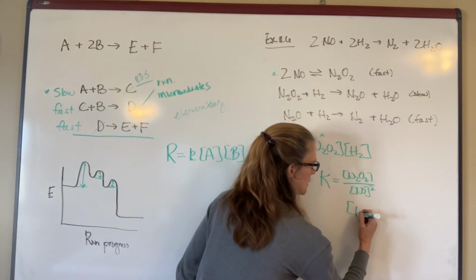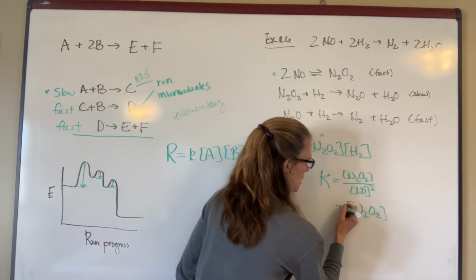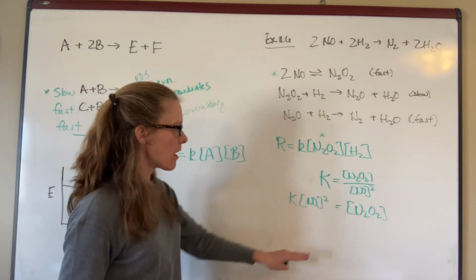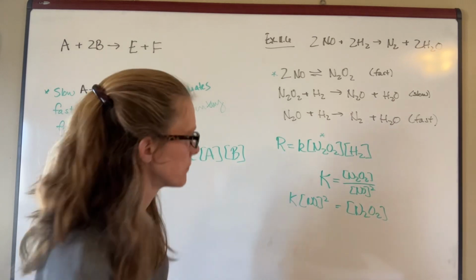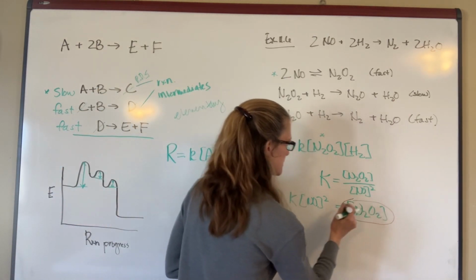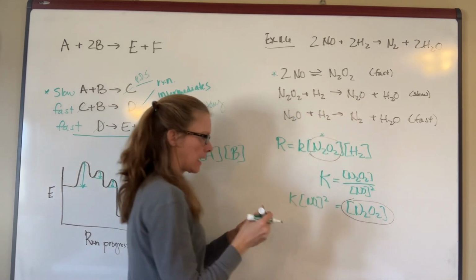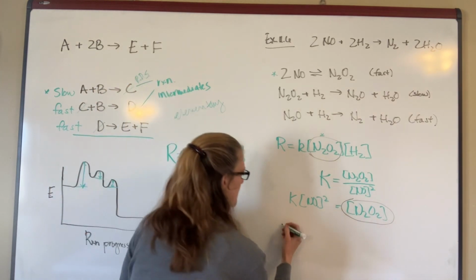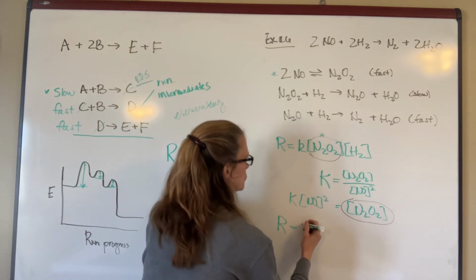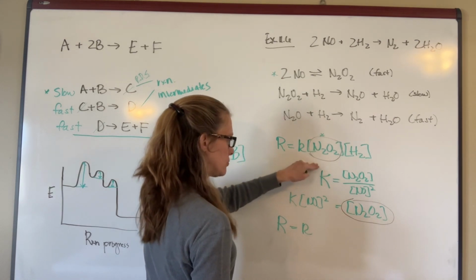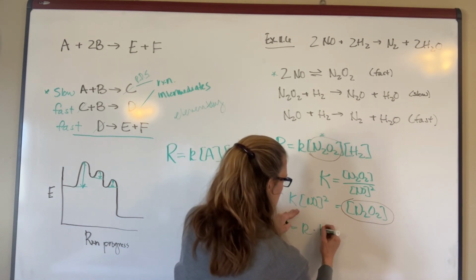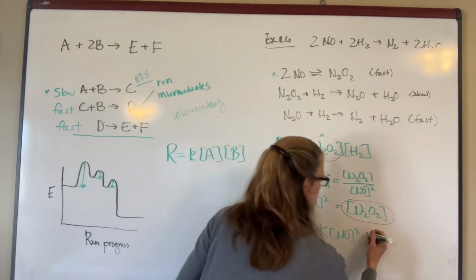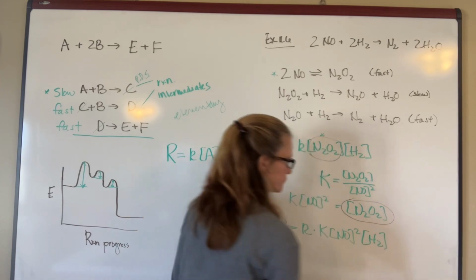So if I say concentration of N2O2 equals K times NO squared, now I'm going to take this, and I'm going to do a substitution, okay? So that makes my new rate law equal to, here's my K, my N2O2, I'm going to put in K times NO squared, and then the rest of it is the concentration of H2, all right?